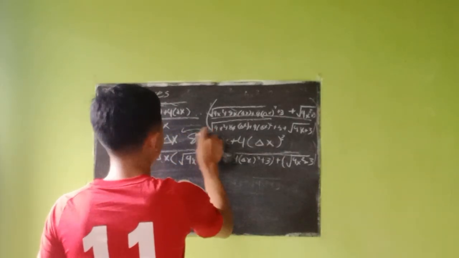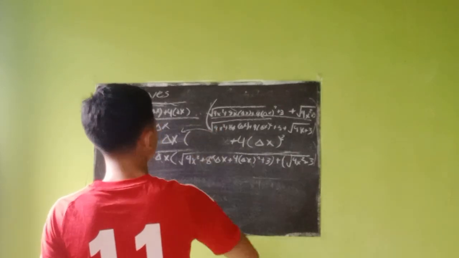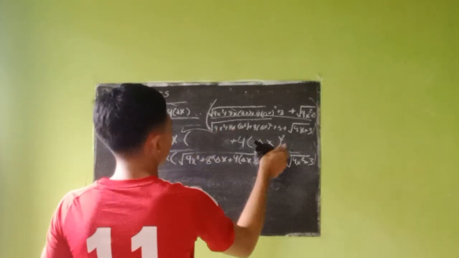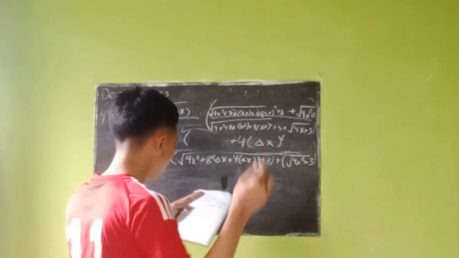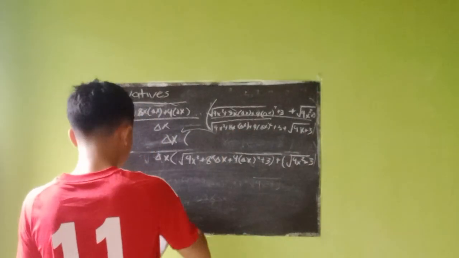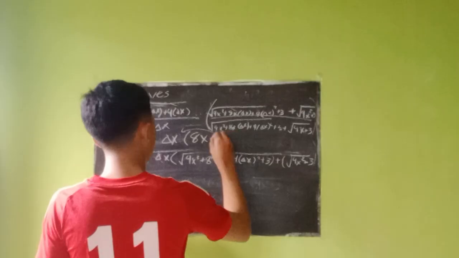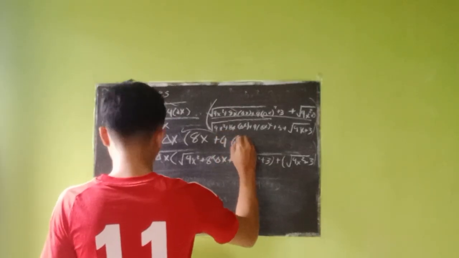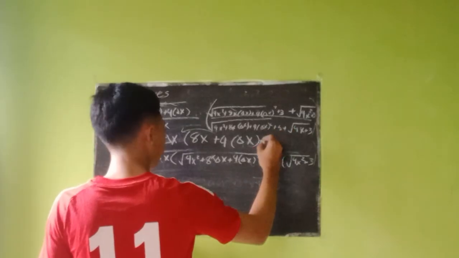This also gets rid of it, and then the delta x in this one will also get subtracted. So we have 8x plus 4 delta x instead of the usual delta x squared.